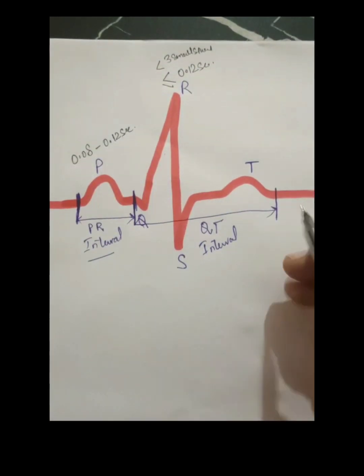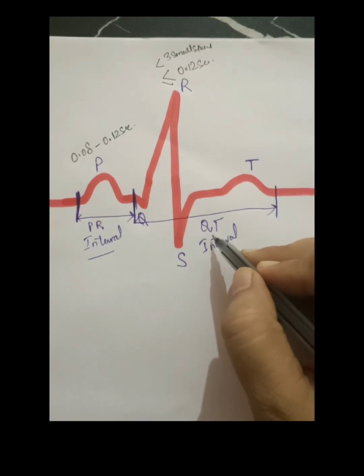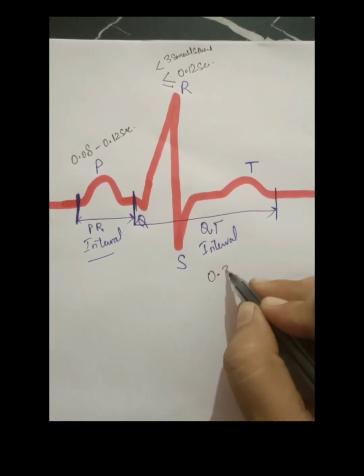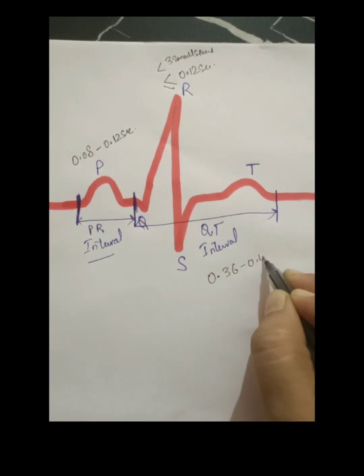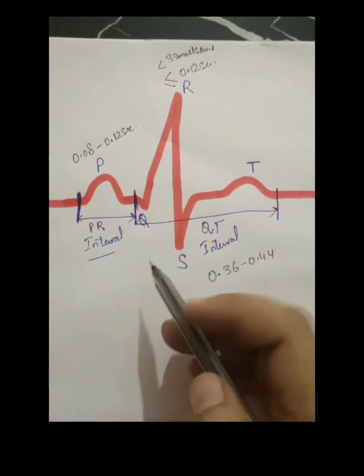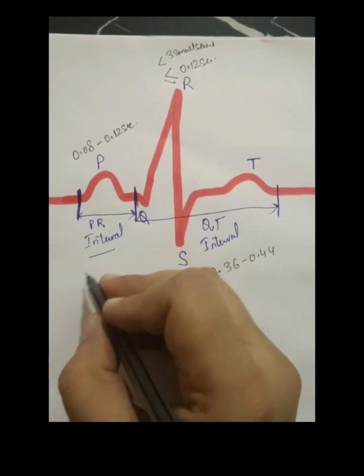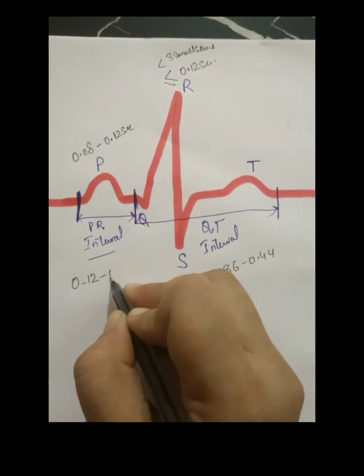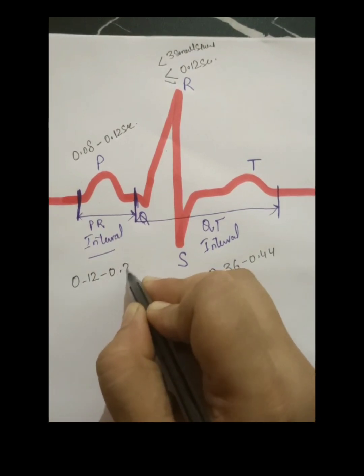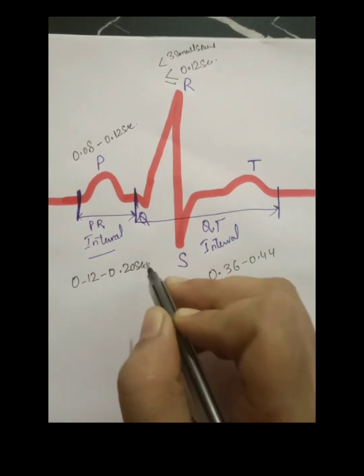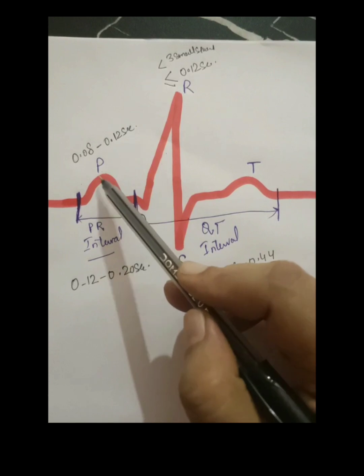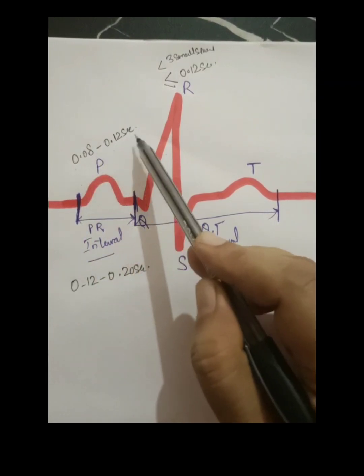Then we have QT. QT is 0.36 to 0.44 second, and we have the PR interval from 0.12 to 0.20 second. So here we have P 0.08 to 0.12 second.